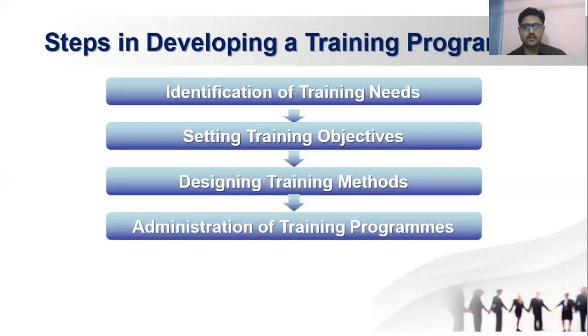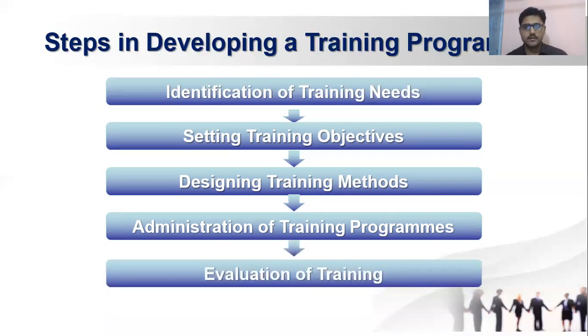Then administration of training program, that means such as the types of the training program, what would be the location of the training, what would be the training budget, lead time of the training. So these you'll have to administer for a training program.